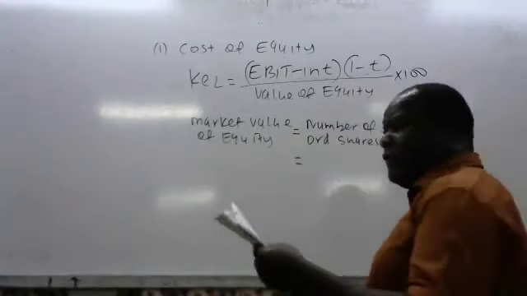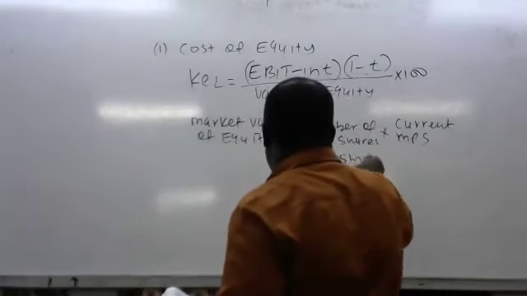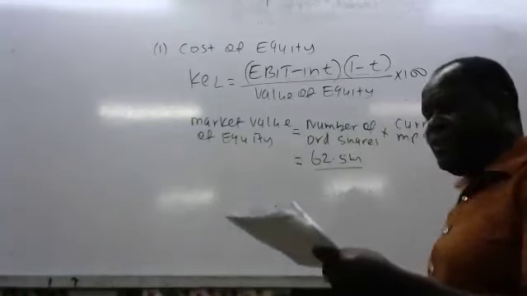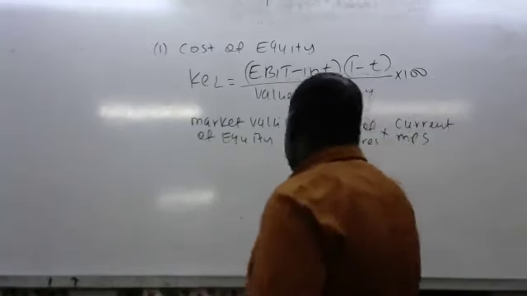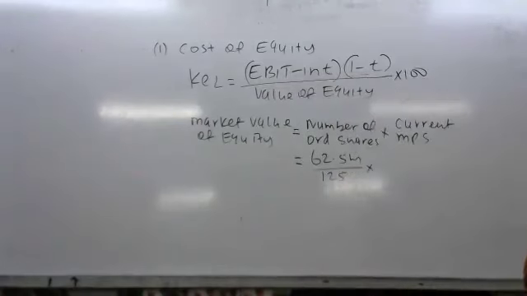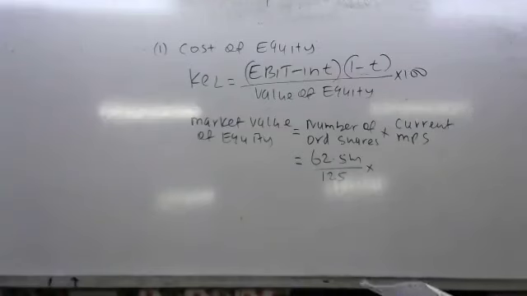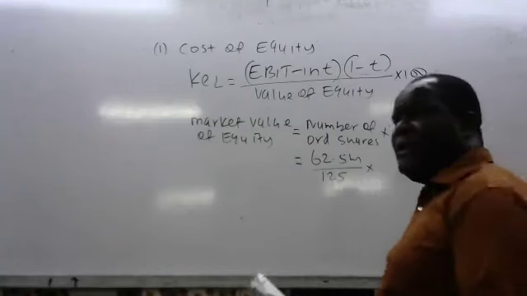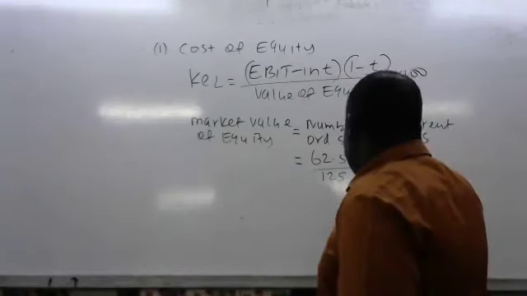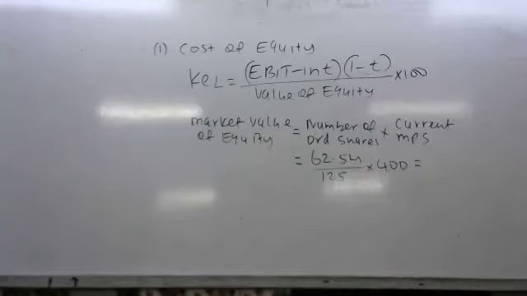The total value for the ordinary shares is 62.5 million. The par value per share is 125. When you divide, that will give you the number of ordinary shares. Then in note number 2, the market price per ordinary share is 400 shillings. So multiply by 400 and see which value it gives us.